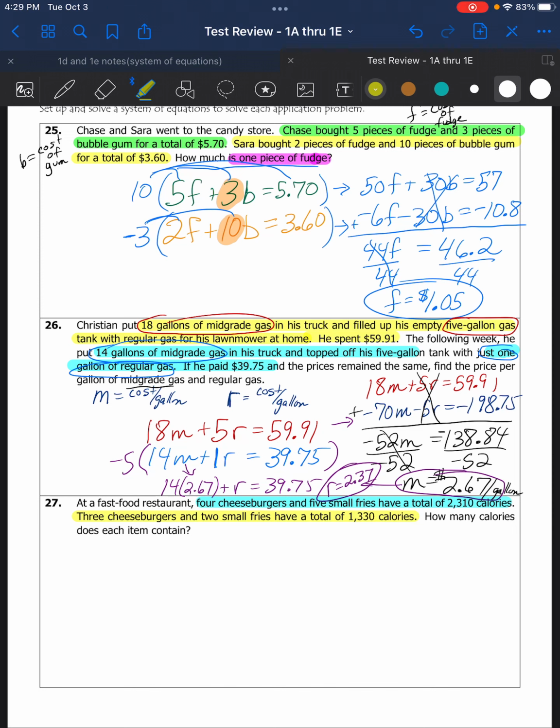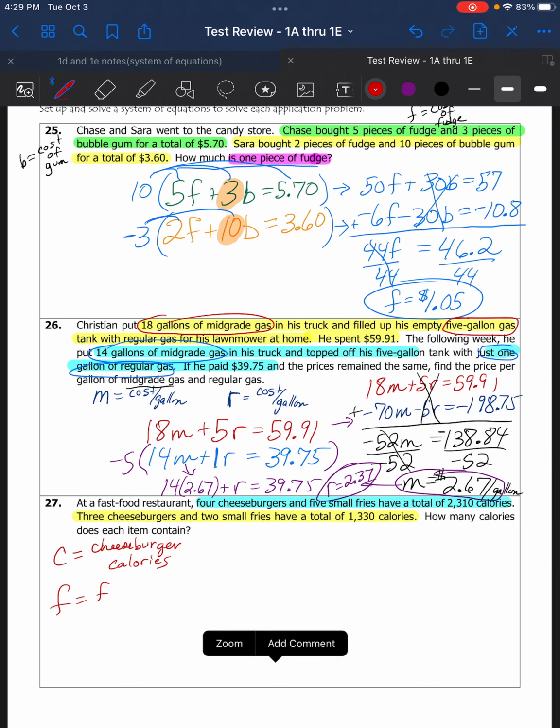How many calories does each item contain? So we need to know cheeseburger calories and fry calories. So cheeseburger calories and fry calories.